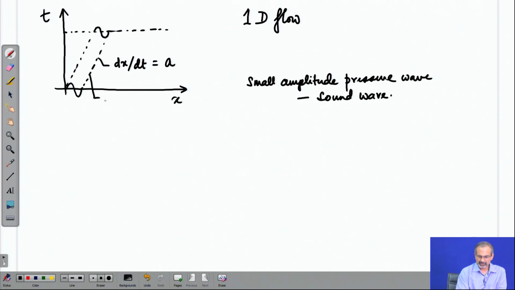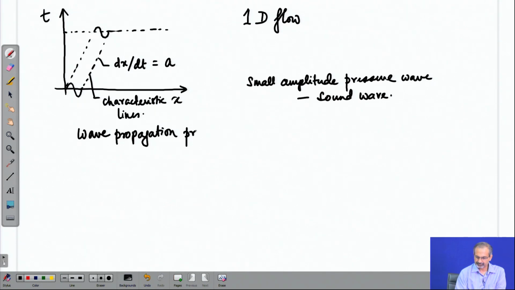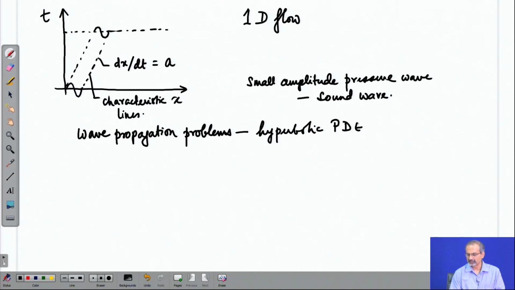We said that these lines are the characteristic lines. And we see these characteristic lines in wave propagation problems. In a mathematical sense, they belong to the family of hyperbolic partial differential equations.